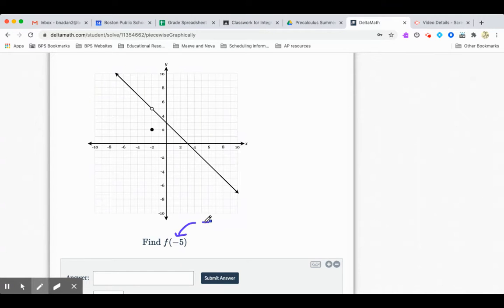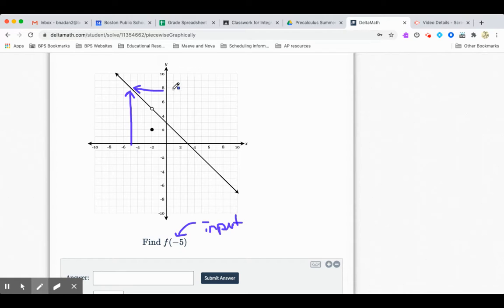So this is the input, or the number in the domain that they're considering. So -5 is here. They don't even give you the number in the domain past -7. Now you can see the pattern, but because this is piecewise, you can't assume anything.